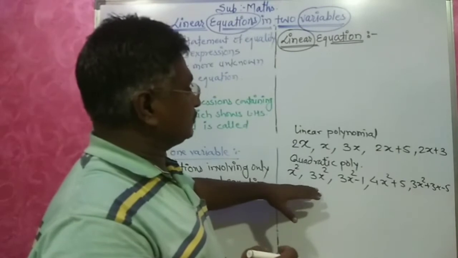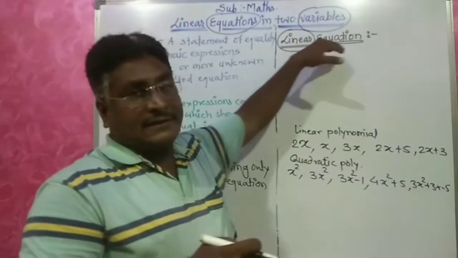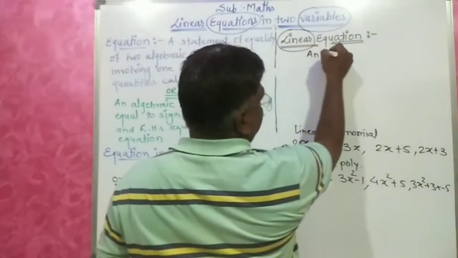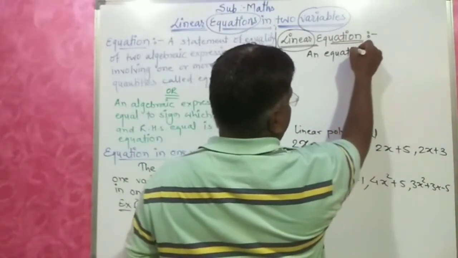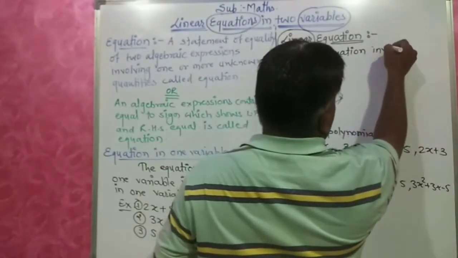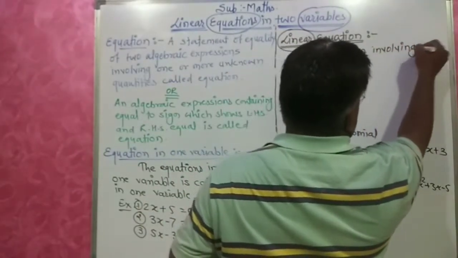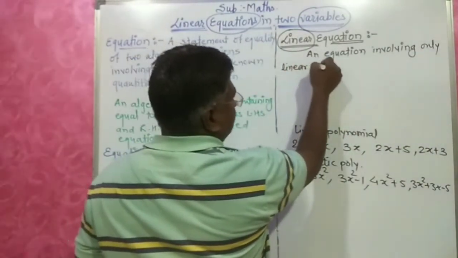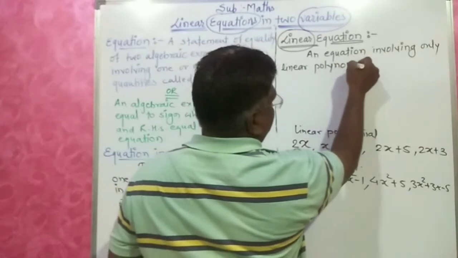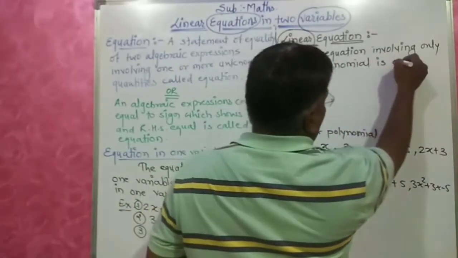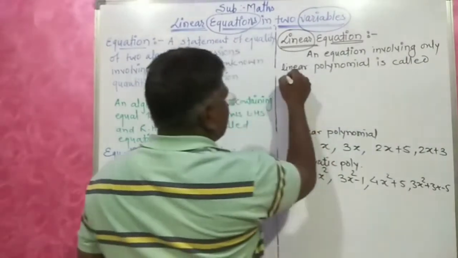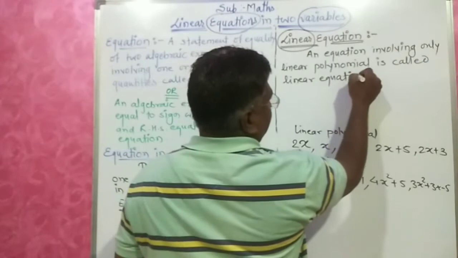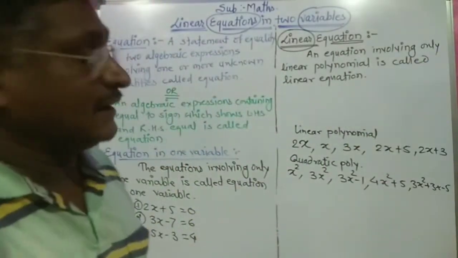So how to use this polynomial while writing the linear equation? An equation involving only linear polynomial is called linear equation. So what is the definition of linear equation?